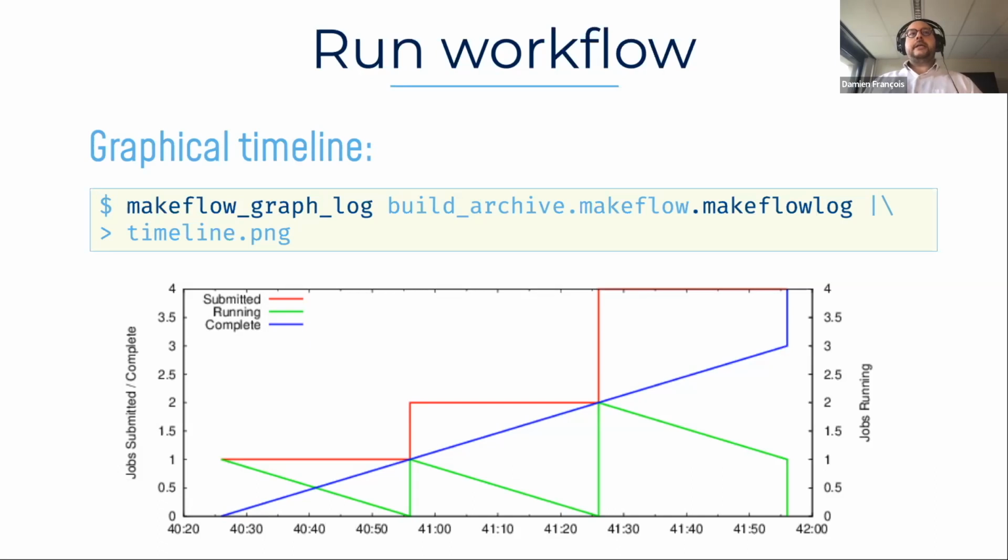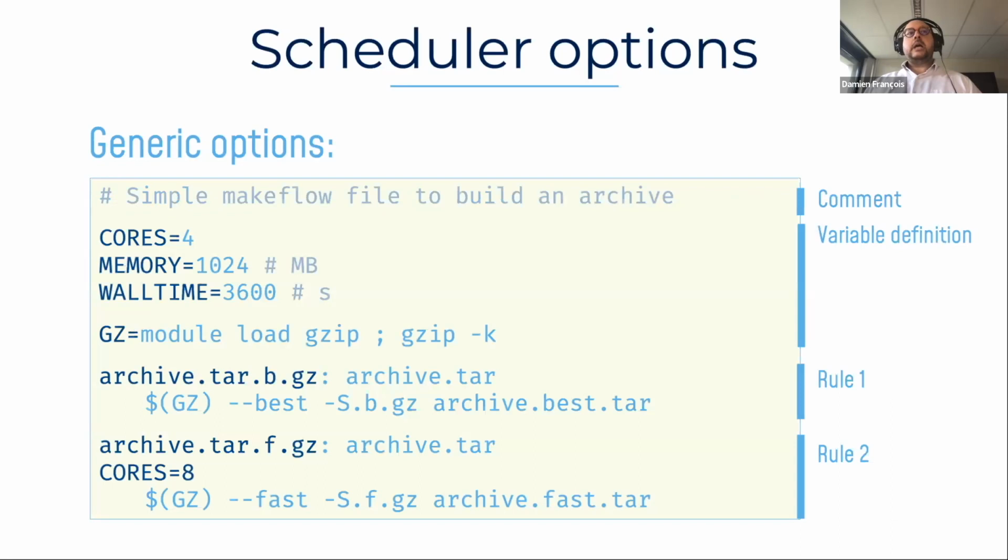Here, as I only specified dash capital T slurm, I didn't say anything about the type of jobs that I wanted to submit. But Makeflow allows you to specify some variables which are taken by Makeflow as a specification of the job. So for instance, wall time with a number of seconds, memory in megabytes, or a number of cores, being 4 in this example.